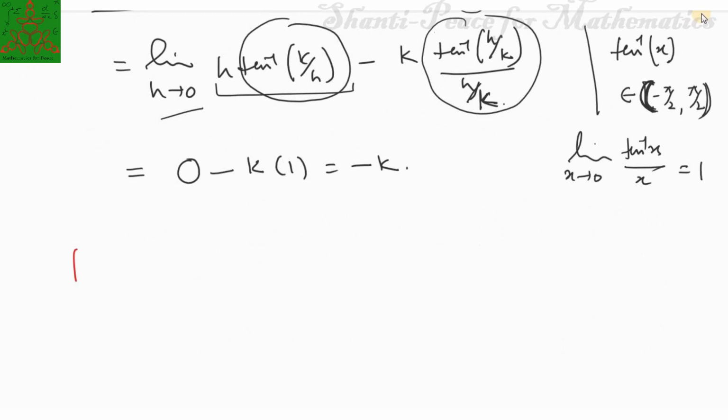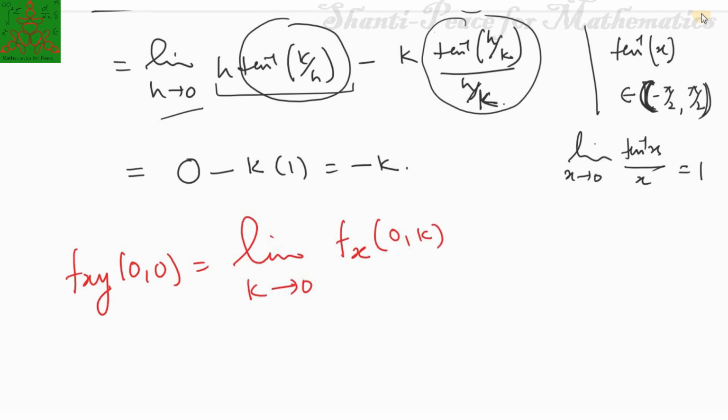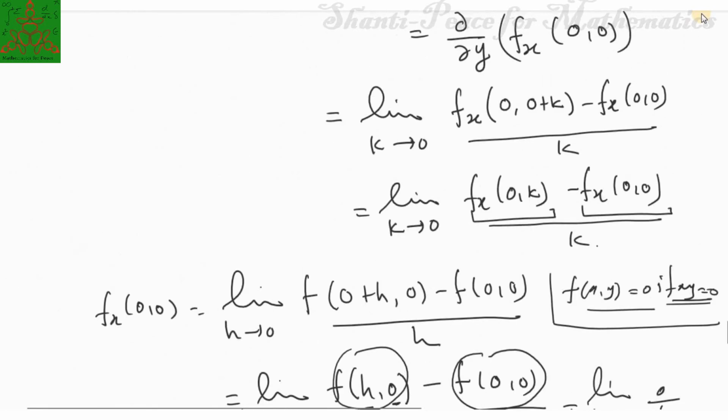Hence f_xy at (0, 0), as per the definition, is the limit k tends to 0, f_x at (0, k) minus f_x at (0, 0) upon k. This is exactly the value which we have calculated here.